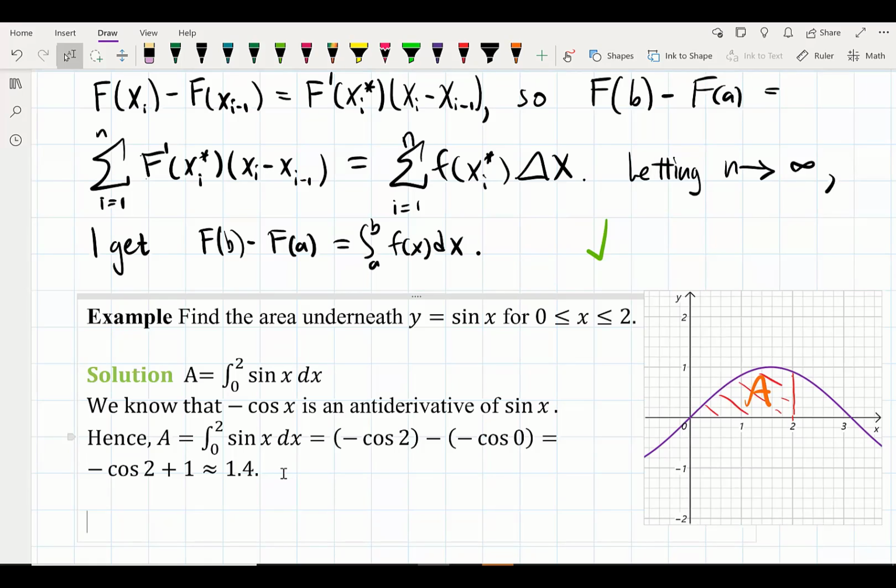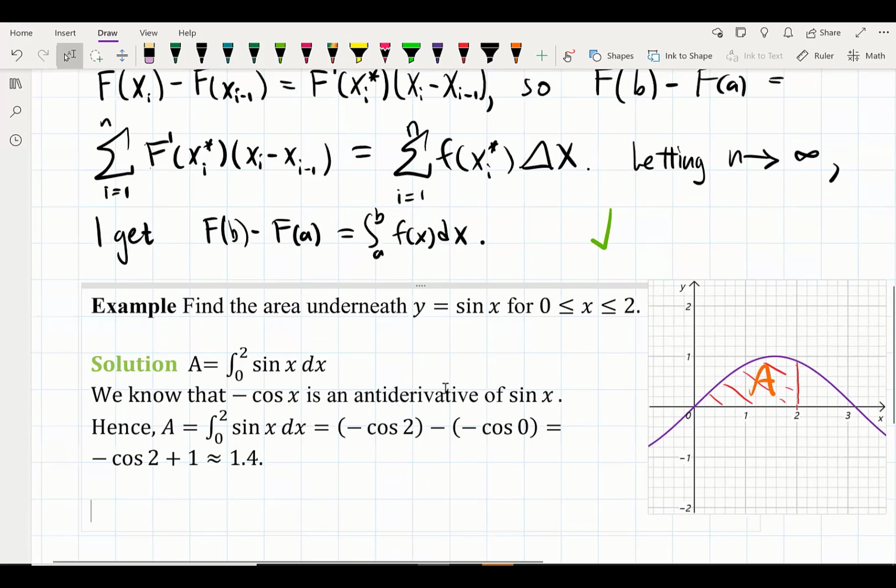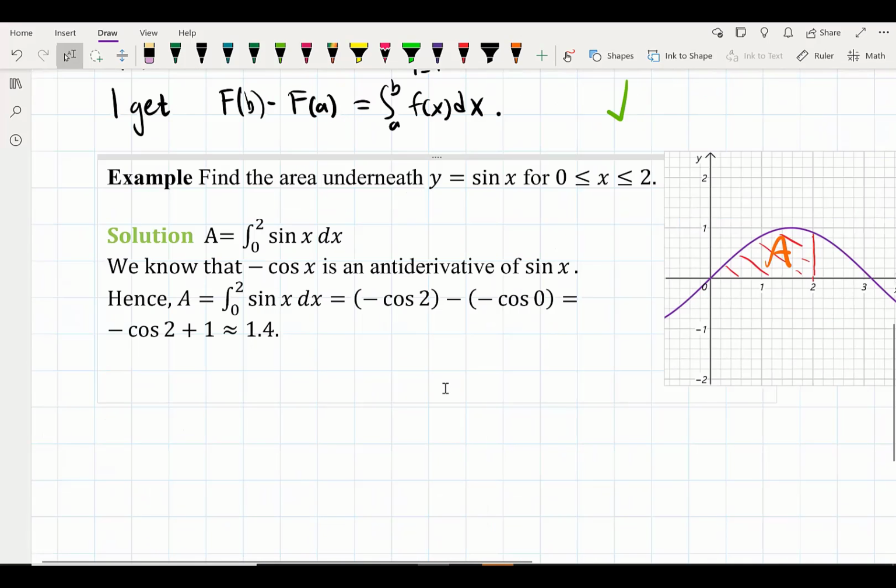So yeah, Aditi pointed out an excellent point. So what if we had used a different antiderivative, like negative cos x plus 1, for example?